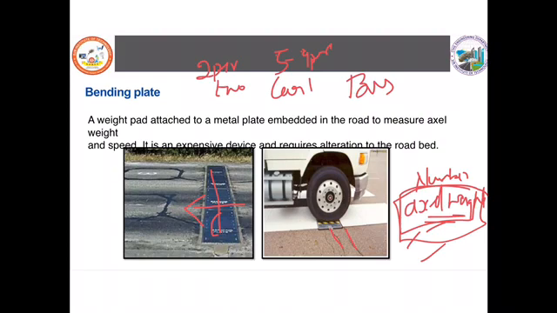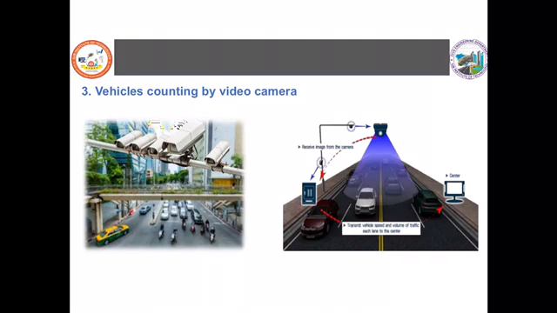And the last method of vehicle counting is the video camera method. Usually we have CCTV cameras now everywhere. In this method, it's a very simple method. So this is my road where the road traffic volume study has to be conducted.